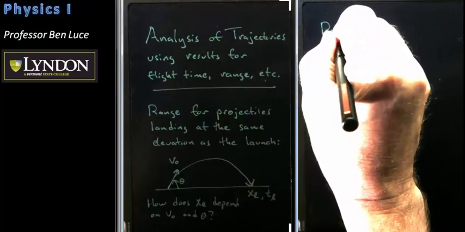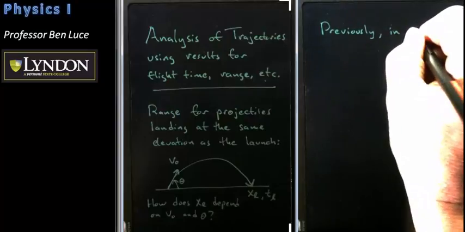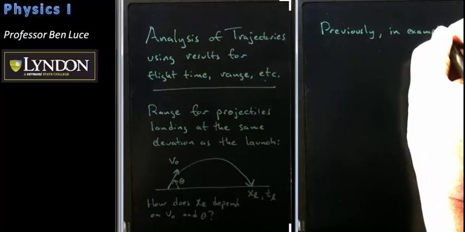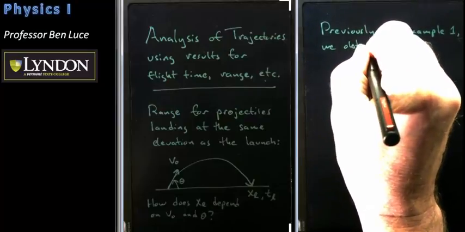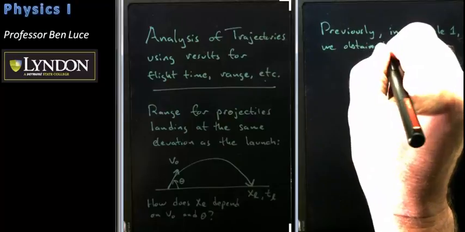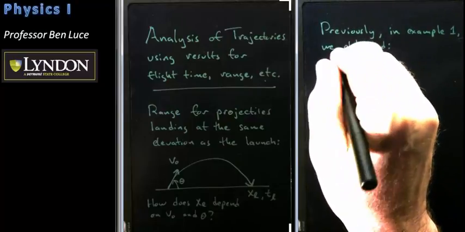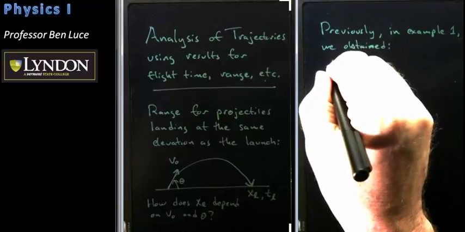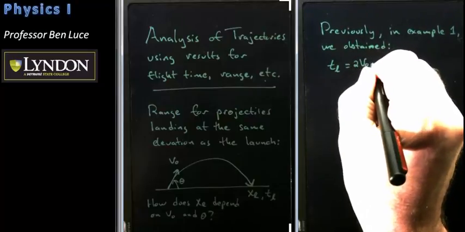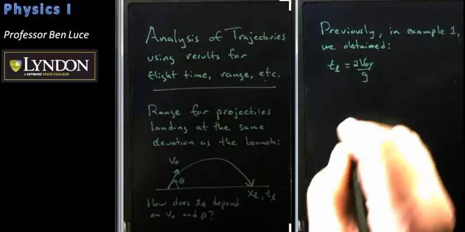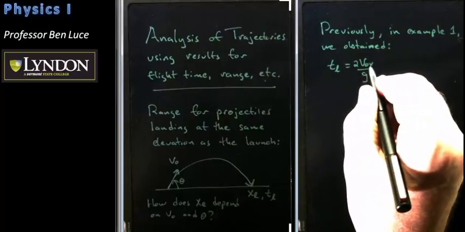Previously, we obtained the following results, that is, in example 1. We found that the landing time, or time of flight, was equal to 2 times V0y over g. Note that this depends only on the vertical component of the velocity.